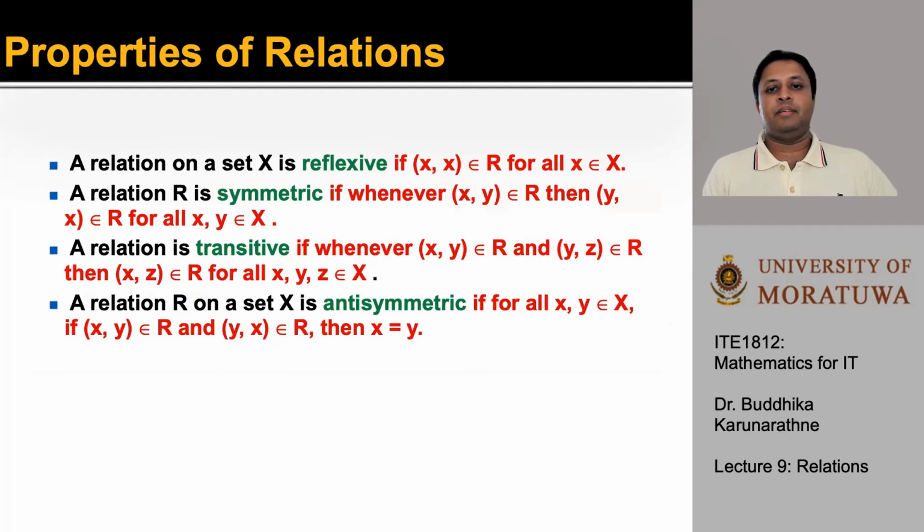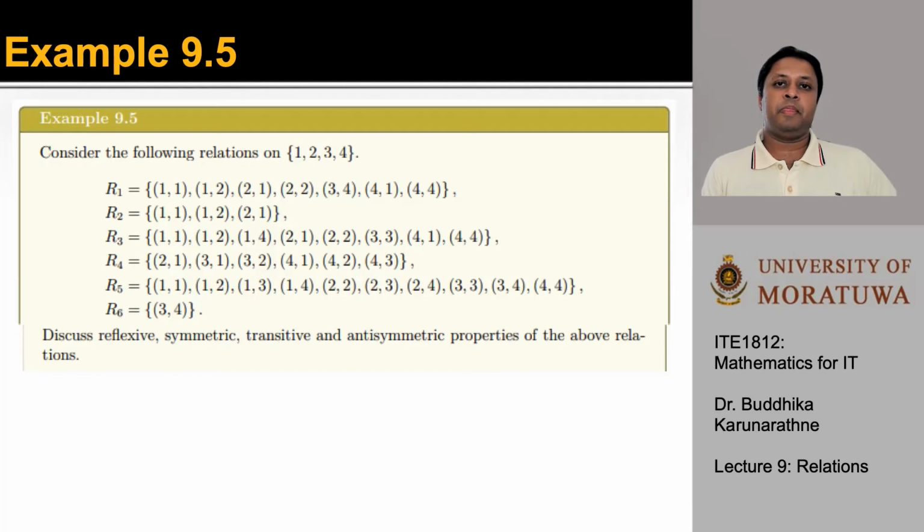It is when, for all x and y in X, if (x, y) is in the relationship R and (y, x) is also in the relationship R, then x should be equal to y. This condition is satisfied by R4, R5, and R6. If you go into the individual ordered pairs, you will see that these conditions are met in the mentioned relations. That's how you decide the reflexive, symmetric, antisymmetric, and transitive properties of a relation.